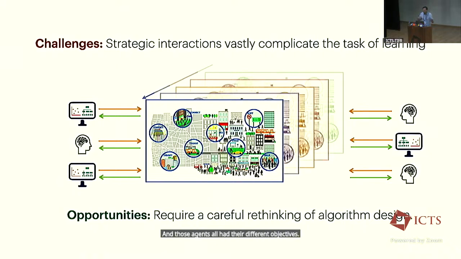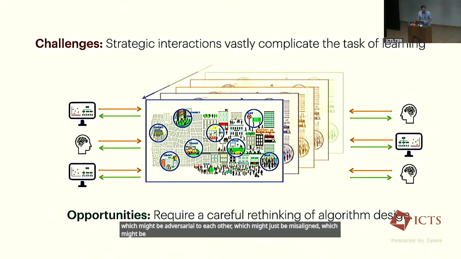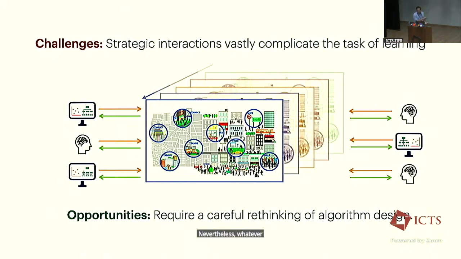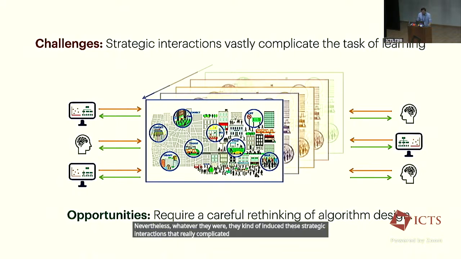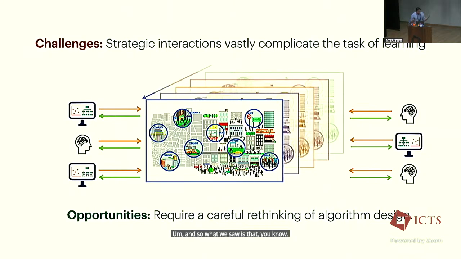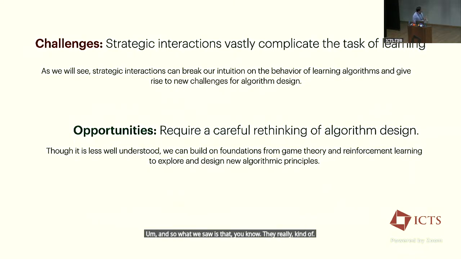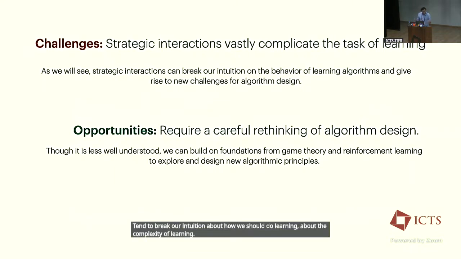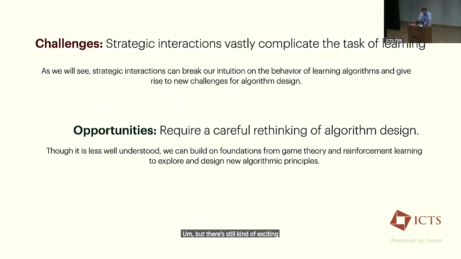Their objectives might be adversarial to each other, might just be misaligned, or might be cooperative. Nevertheless, whatever they were, they induced these strategic interactions that really complicated the task of learning. And so what we saw is that they tend to break our intuition about the complexity of learning, but there are still exciting ways forward.